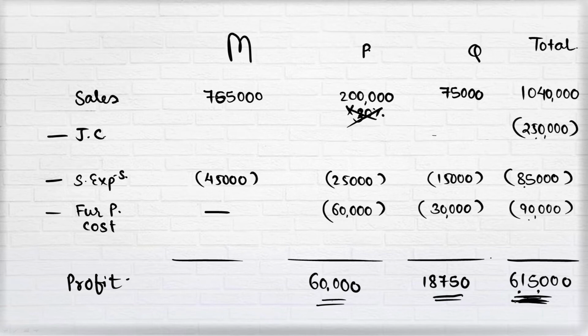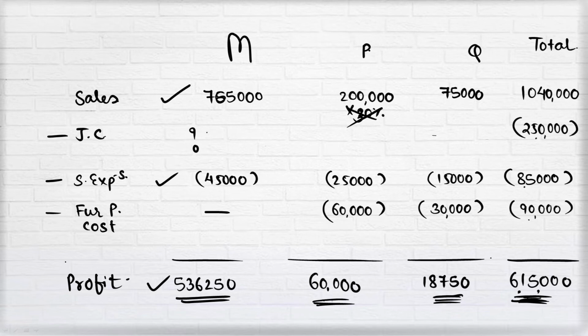If these three figures are available, can we easily find out profit of M? If profit of P is this, profit of Q is this, total profit is this. What is profit of M? 536,250. Again, if this figure is available, and this figure is available, can we find out this figure? Yes.